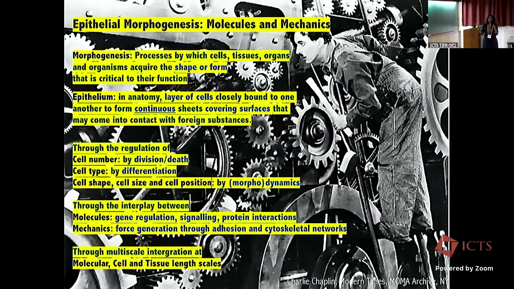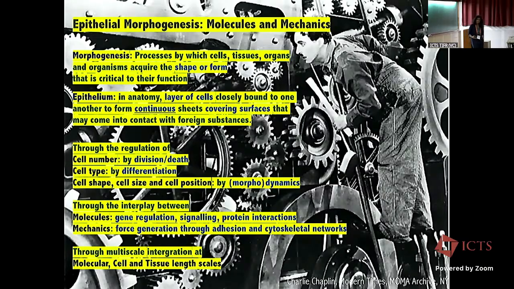And these cellular processes are in turn regulated through the interplay between molecules, through gene regulation, gradients of the kind you just heard, signaling protein interactions, but also through mechanics, which includes force generation in living systems through molecules that include adhesion and cytoskeletal networks.